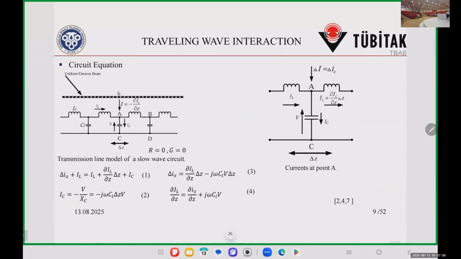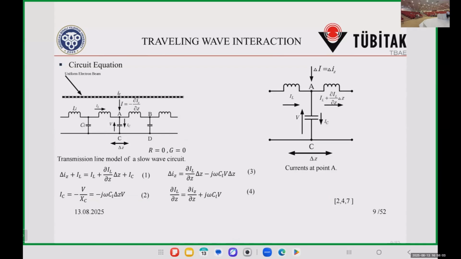And we can say here how to derive the circuit equation. In the Pierce theory, the RF circuit of the TWT, which means the slow wave circuit, we can model as a transmission line as shown in this figure.